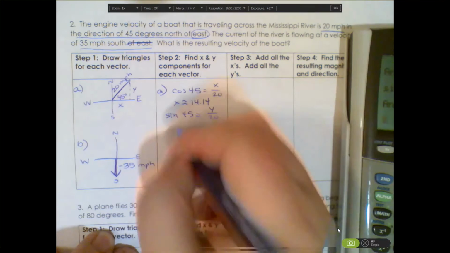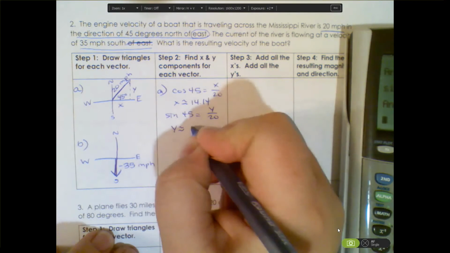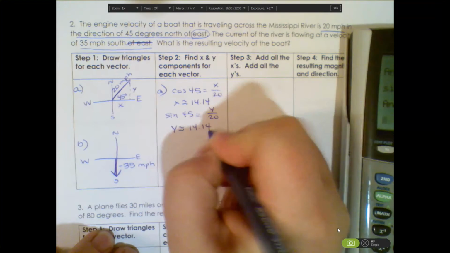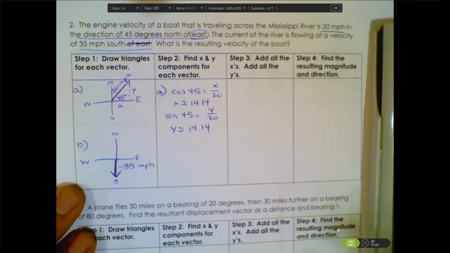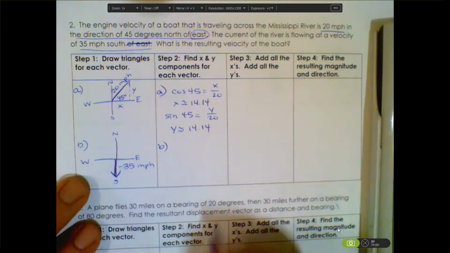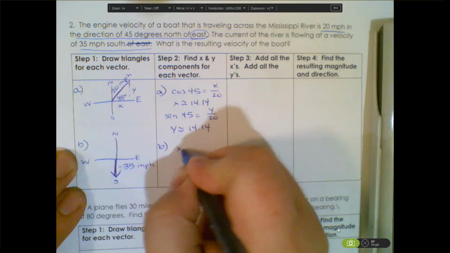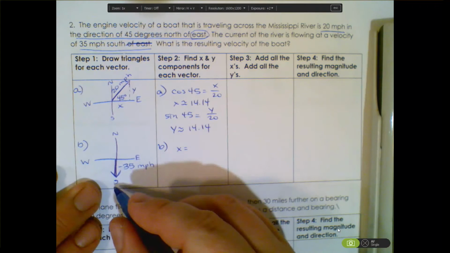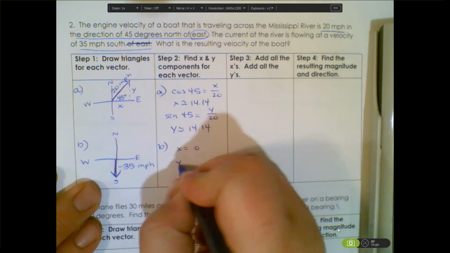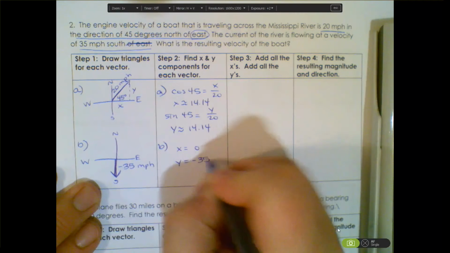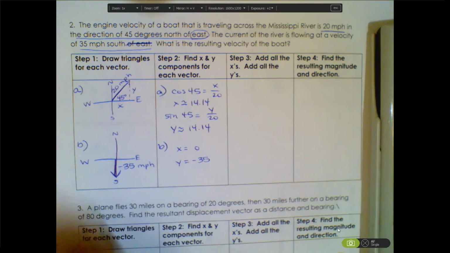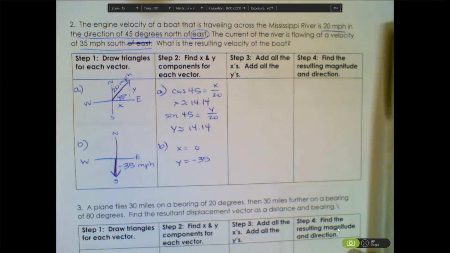And it will be the same value because it's a 45, 45, 90 degree triangle. So of course that makes sense here. And then the components for B, well, x is 0 again. Y is negative 35. Okay, so we've just split apart the vectors by component.